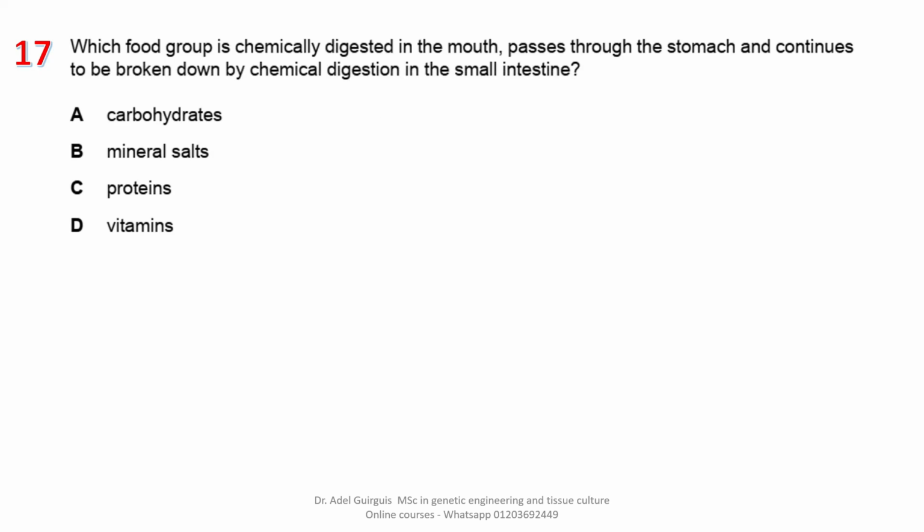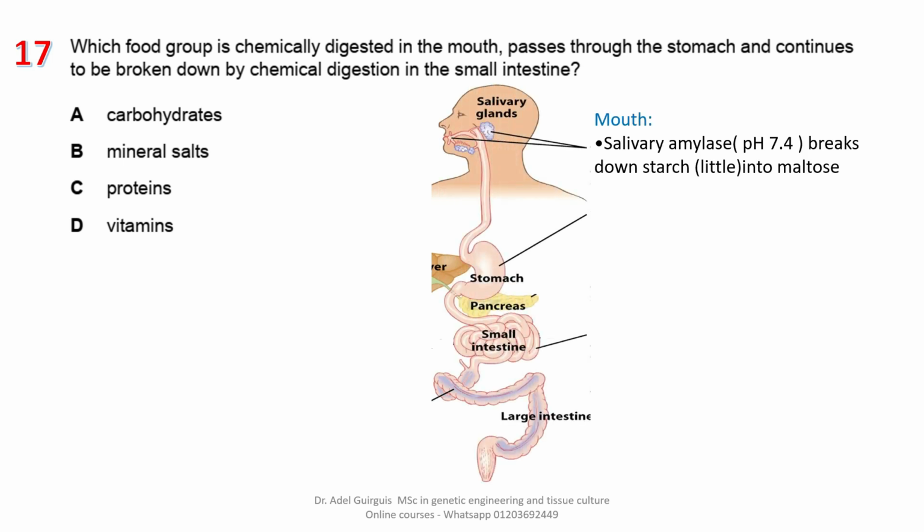Number 17. Which food group is chemically digested in the mouth, passed through the stomach, and continues to be broken down by chemical digestion in the small intestine? Firstly, chemical digestion takes place in the mouth for carbohydrate, where salivary amylase helps digest starch into maltose sugar, a disaccharide.